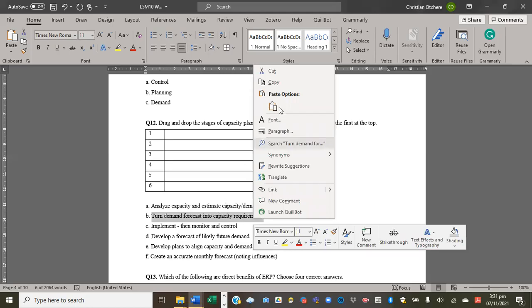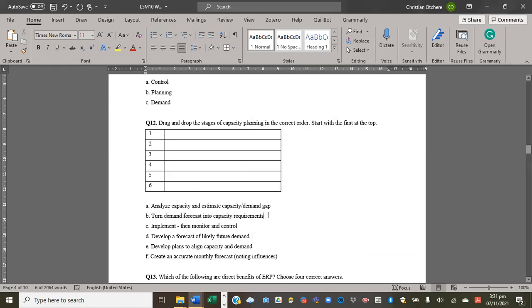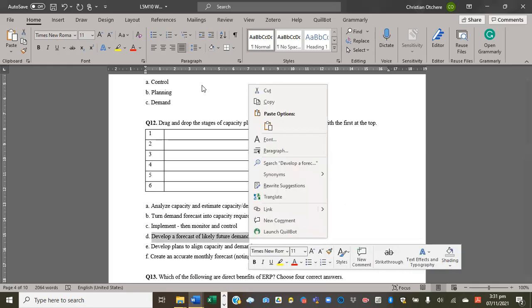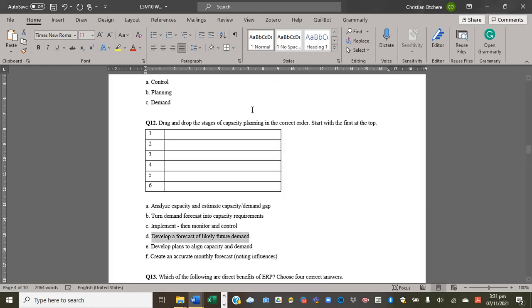So those ones, B first. No, D, yeah, D. D should be first, eh? Okay, so D. Develop a forecast of likely future demand. Okay, so we are planning ahead.